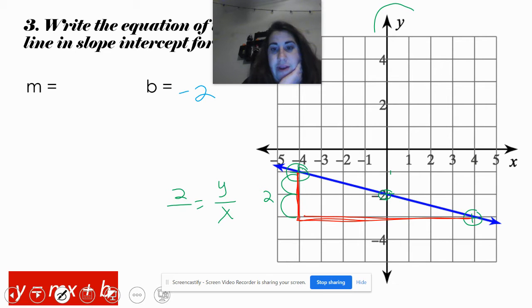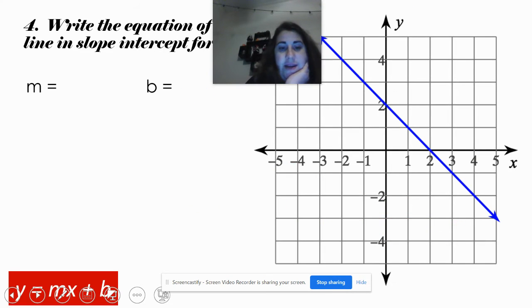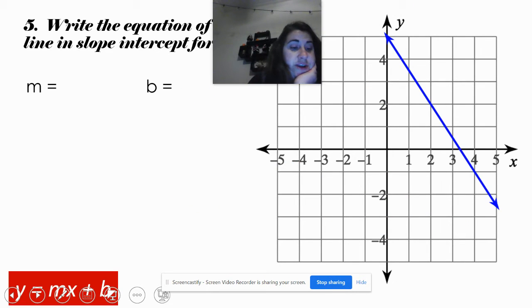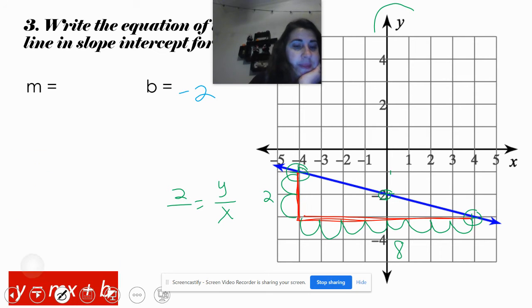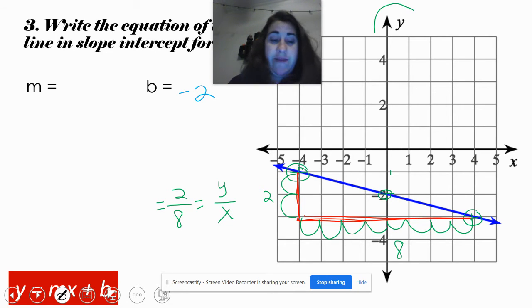How many times am I running? 1, 2, 3, 4, 5, 6, 7, 8. Now, if you do a big triangle like I just did, and you skip a point, then you can just reduce. 2 over 8, that can be divided by 2, so I get 1 over 4.